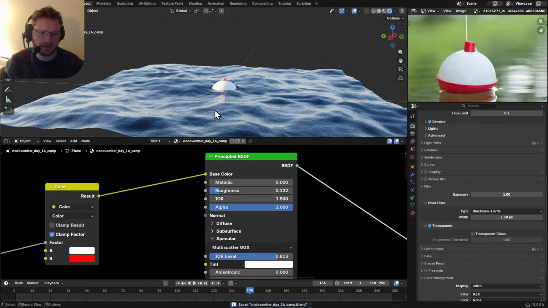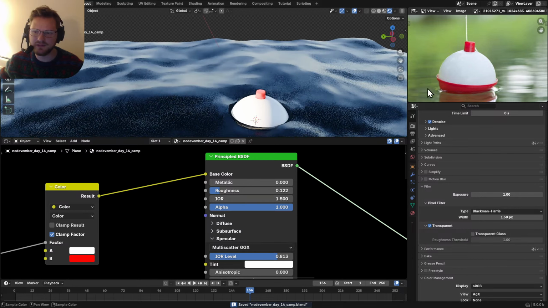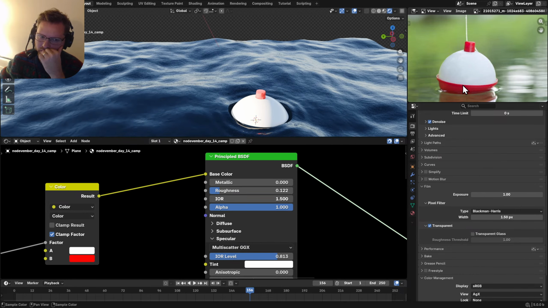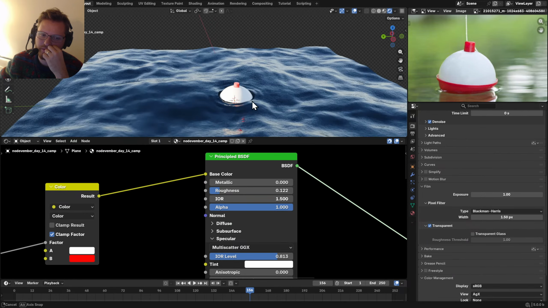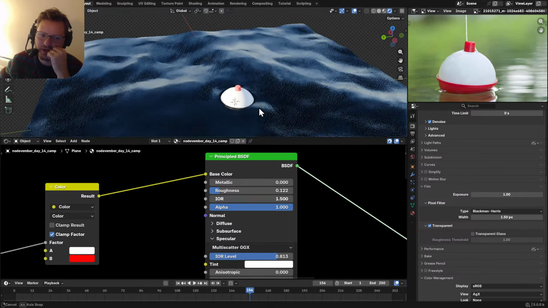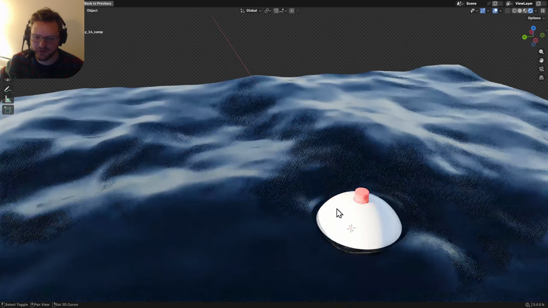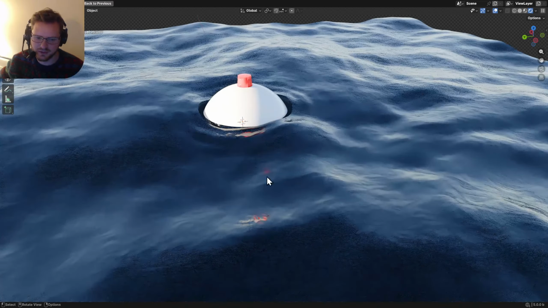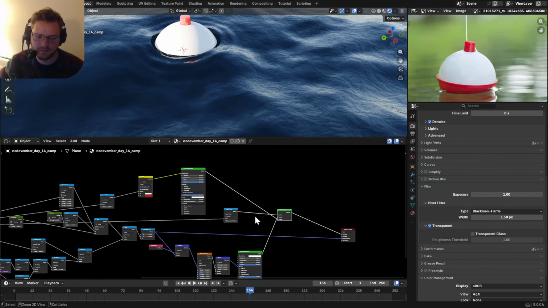Not bad. I could also leave the impression of this red thing. The only issue is that technically what would be red would be under the water. But note how this is doing self-reflections and all of this with the red. It's pretty interesting. I could leave that impression and see if it looks good, right?